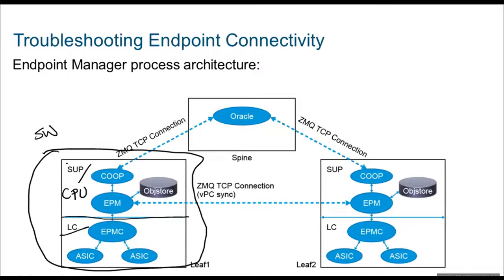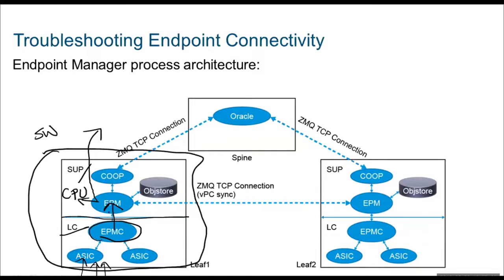So we have an endpoint manager running in there. You notice that process is handled by the supervisor. It's running on every leaf. It eventually learns about, so here's how your traffic is coming in. This one's going to learn about the endpoint, give that information to the endpoint manager. So the endpoint manager is responsible for learning the endpoint information, IP or MAC address.